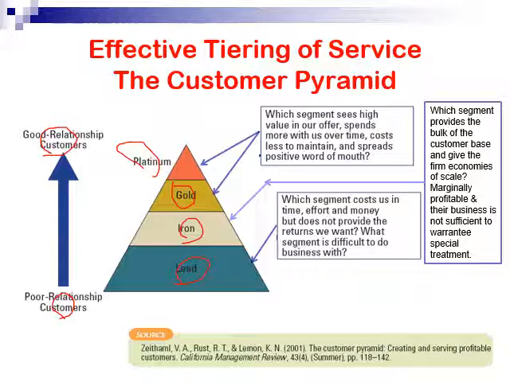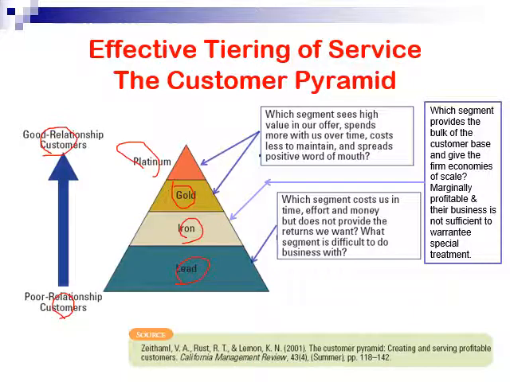Hospitality companies definitely need customers in this category because of economies of scale. They have to fill all available rooms. If you're able to sell all available rooms to platinum and gold members, that is the best scenario. But again, that's impossible. Still, you need customers in the middle of this pyramid because of economies of scale.